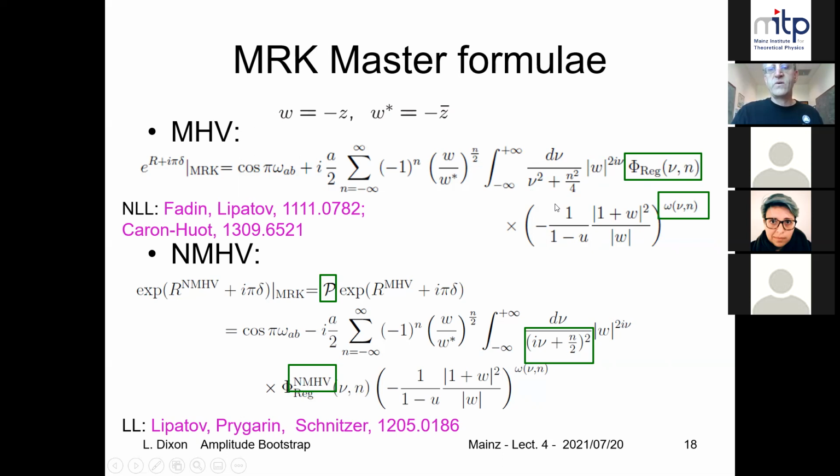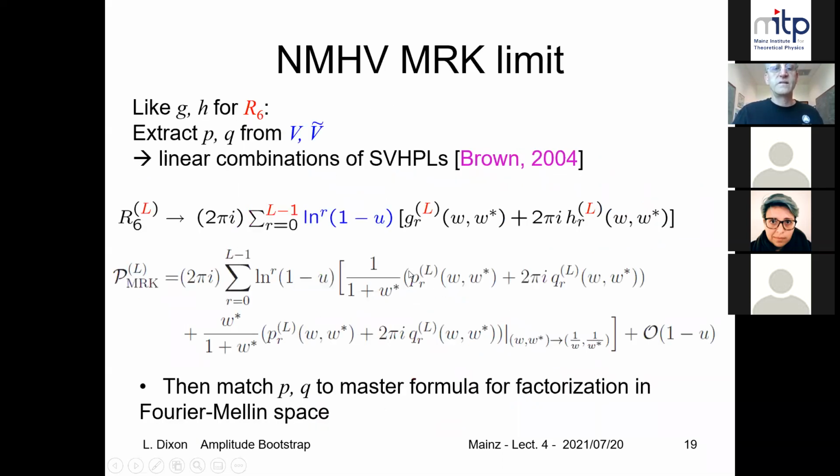You can evaluate these integrals by closing contours and summing over residues. And so you have various double sums to do. And they basically all turn into these single valued harmonic polylogs in the end.